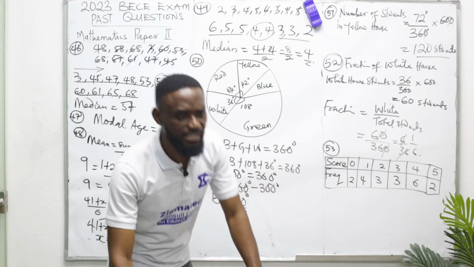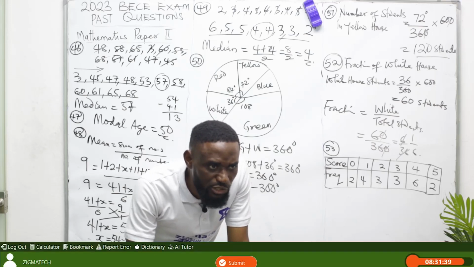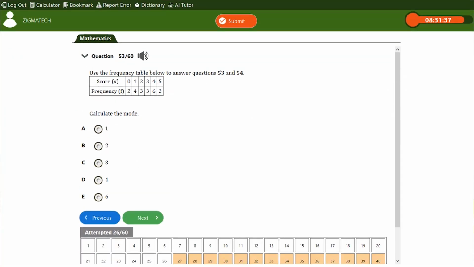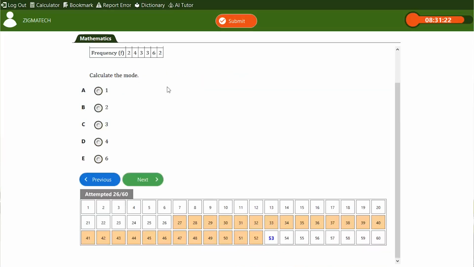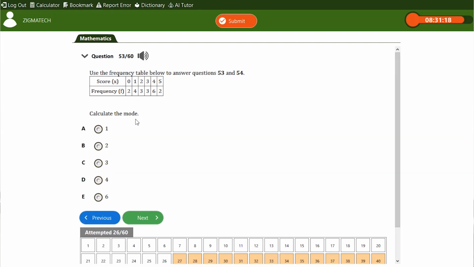Now, if you look at this, we have a score from 0 to 5. 0 score appears 2 times. Frequency means the number of times something appears or occurs, right? 0 appears 2 times, 1 appears 4 times, 2 appears 3 times, 3 appears 3 times, 4 appears 6 times, 5 appears 2 times. So the modal score there is 4, all right? So 4 is the modal score. So that is the answer to that one.